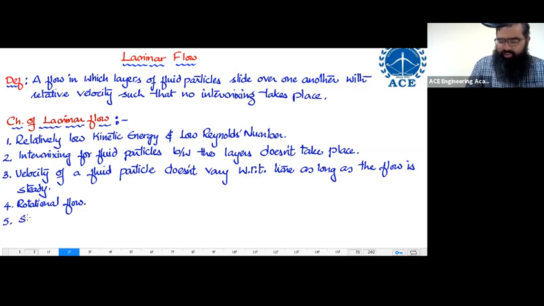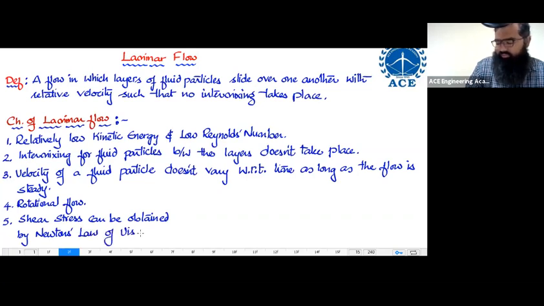Fifth point over here. Shear stress can be obtained by Newton's law of viscosity.